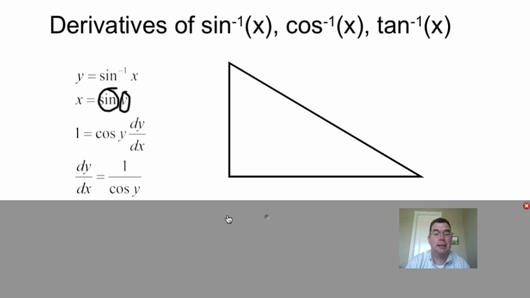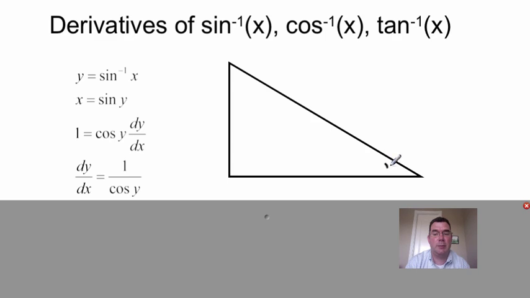All right. So here's where things get tricky, because I want my derivative to be in terms of x, not in terms of y. So let's go back up here. Let me just erase these little circles, because those are going to get in my way. And let's talk about what this sentence means: x equals the sine of y. Well, y would have to be an angle since I'm taking the sine of it.